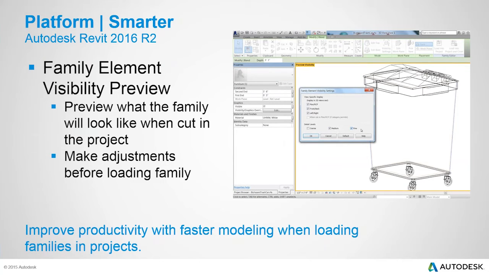Next, we have something called the Family Element Visibility Preview feature. This basically helps us when we're inside the family and editing. It'll help us to see the design intent by filtering out geometries that are not viewed. So this makes only the geometry that will be loaded into the project visible.